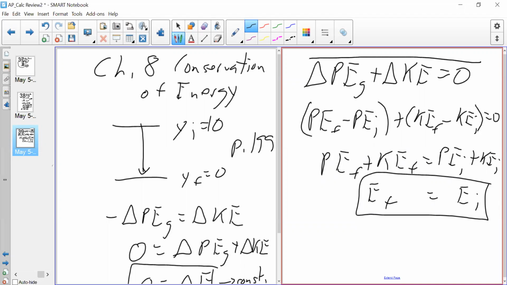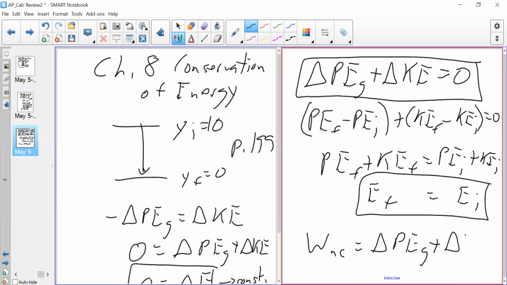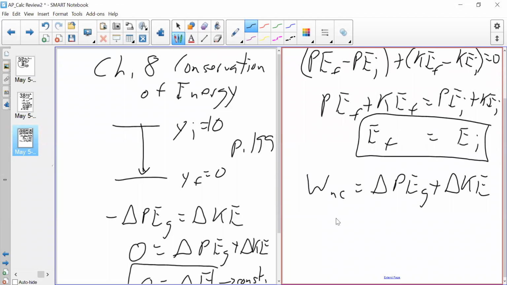So this conservation equation, in terms of friction or a non-conservative force: work done by a non-conservative force is going to be equal to this here. And so usually, kinetic friction mu k and delta x.